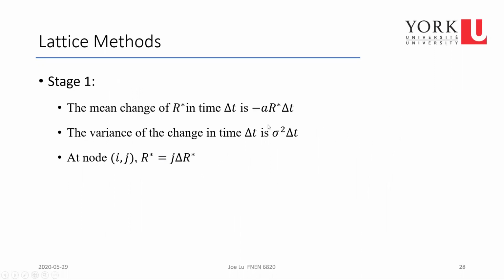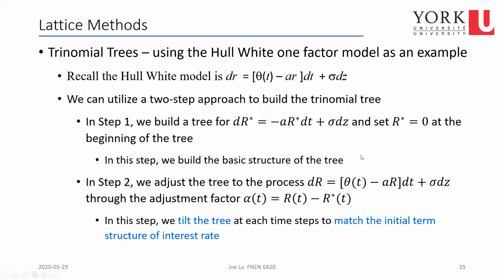So in the first step, let's first match the first 2 moments of the distribution. So the mean change of this R star in time delta T is obviously this, minus A times R star delta T. And this part is basically taken from here.